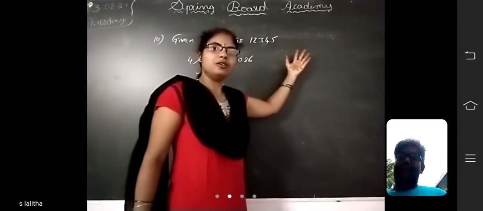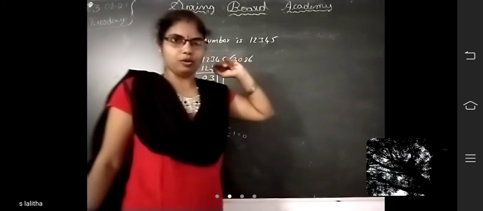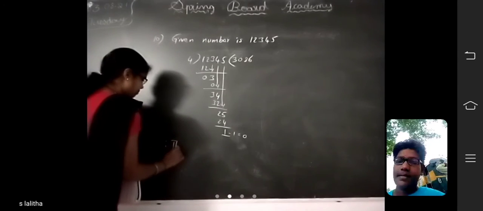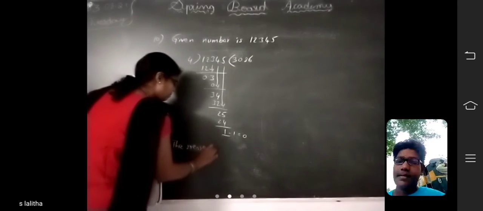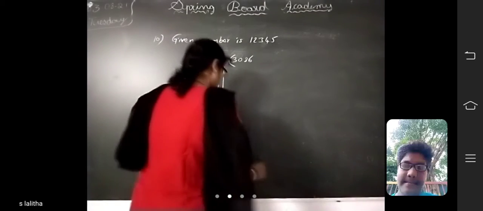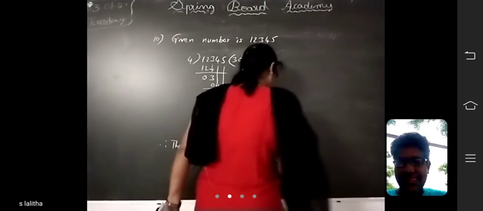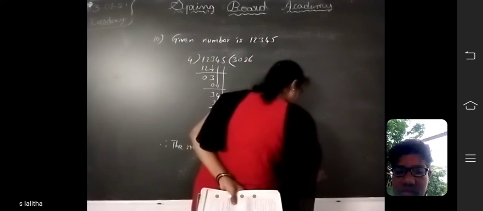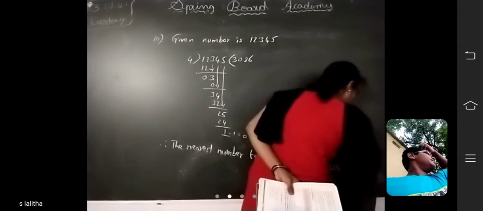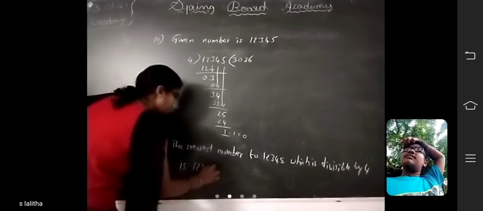So what is the number? We will get 12,344, which will be exactly divisible by 4. Therefore, the nearest number to 12,345 which is divisible by 4 is 12,344.